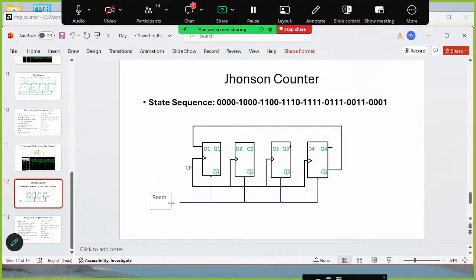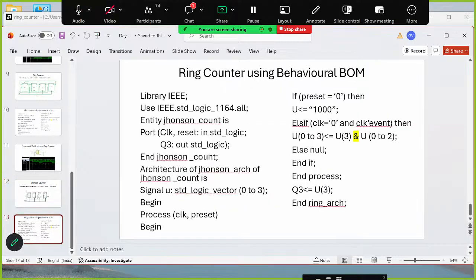Let's say there is one reset which is applied to all the inputs. You can make it either active high or active low, whatever you want. So reset, clock. I would write reset equal to 1. Let's make it active high.